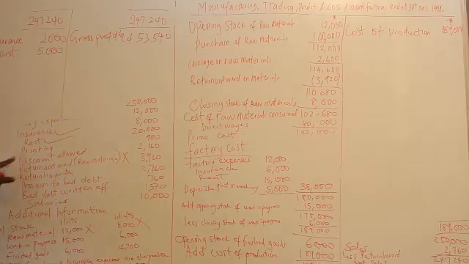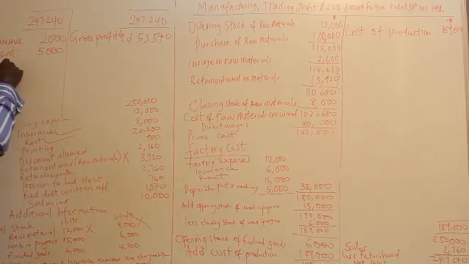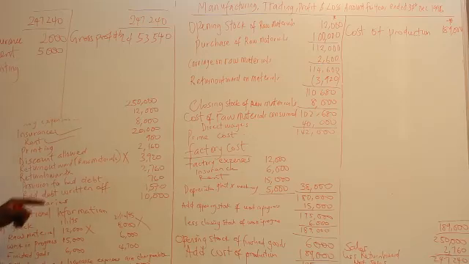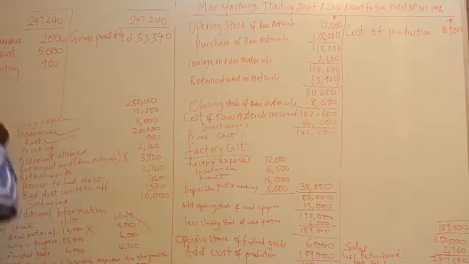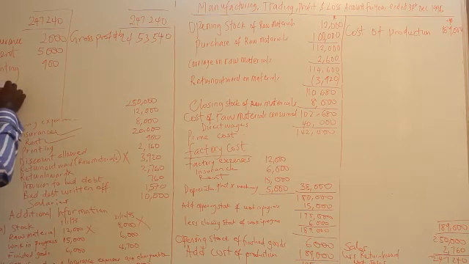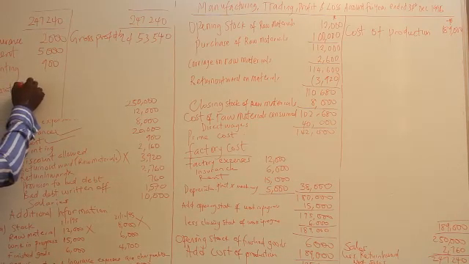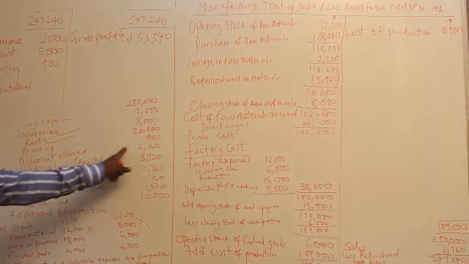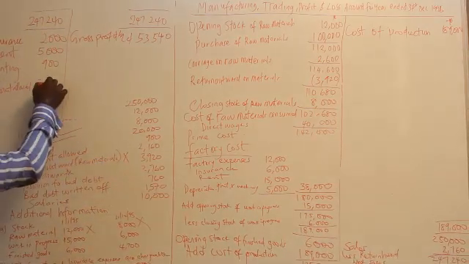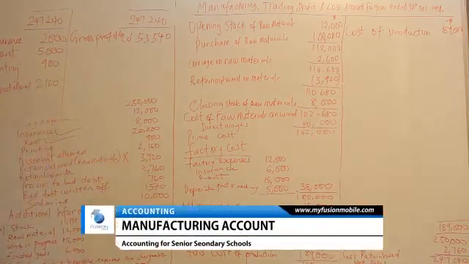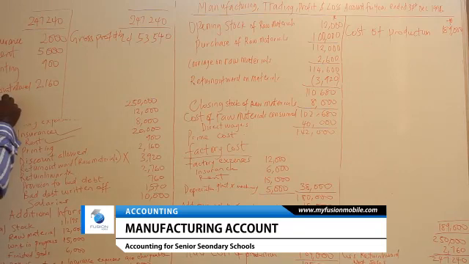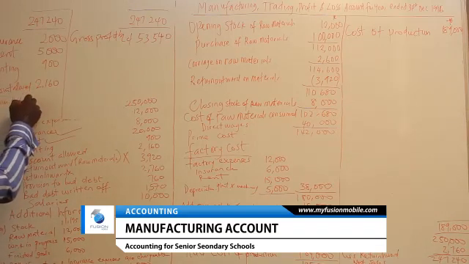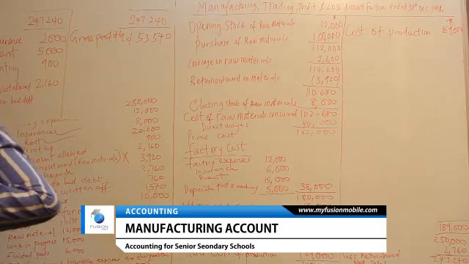So we have printing, 900. The next thing we have is discount allowed, which is 2,160. So we have return of raw material, we've done that. Provision for bad debt is on expenses, we've said that the other time, and that's provisions and reserves.